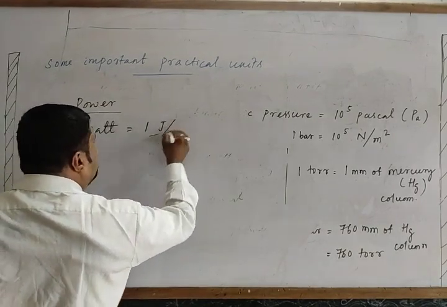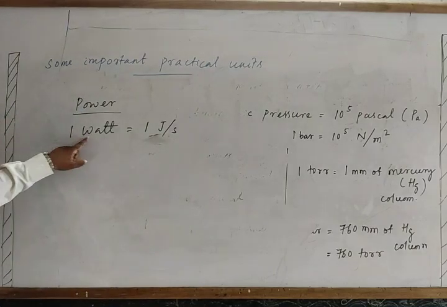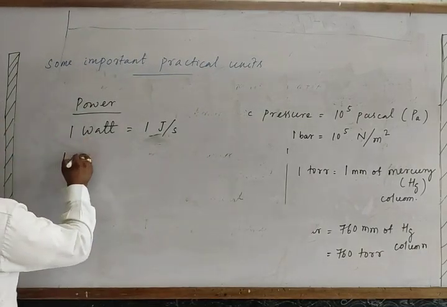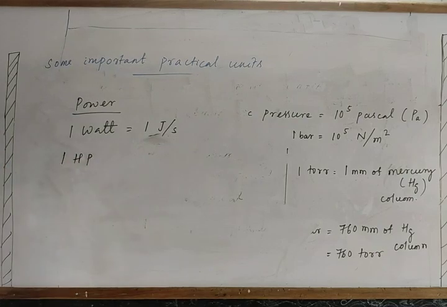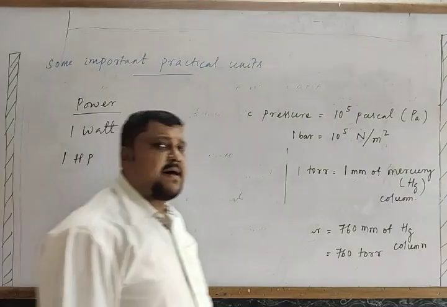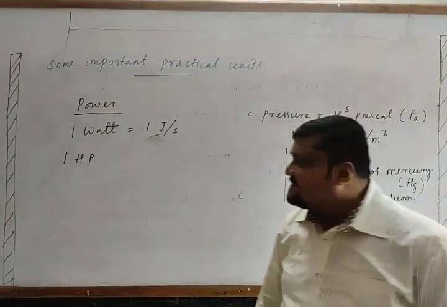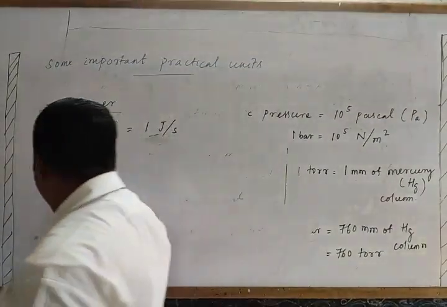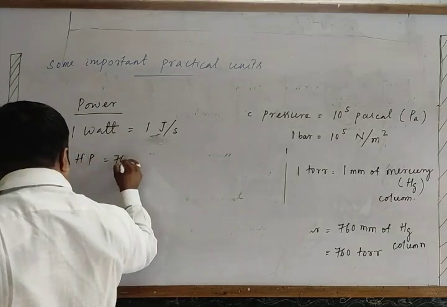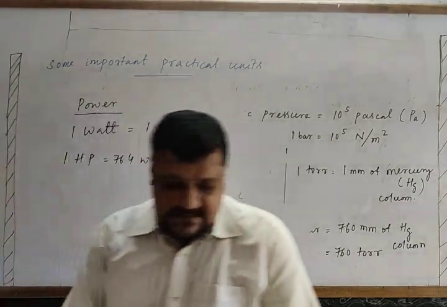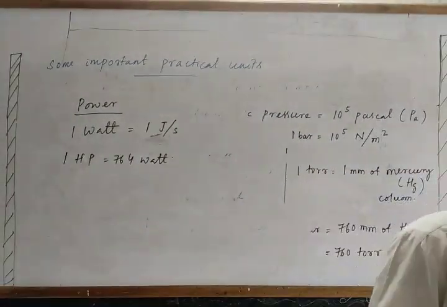So the practical unit of power is called the watt. The other is the horsepower. We use it for motors. They tell that this motor has this much horsepower. That is HP. 1 horsepower is equal to 746 watt. So these are the practical units we use in our day-to-day life.